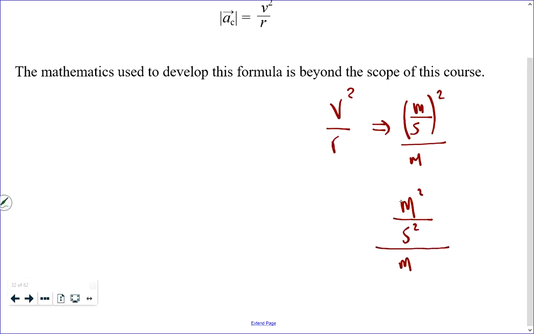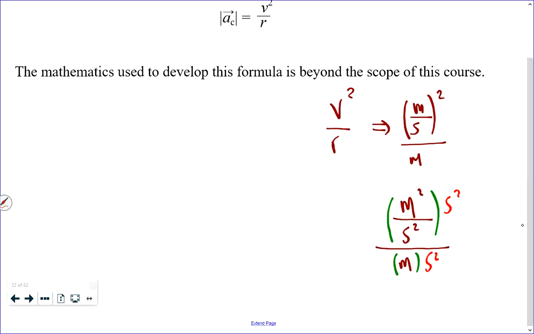The best way to clean this up, and I always do this as a math teacher, not a physics teacher, is to look at it as a mathematical fraction, and multiply the top and the bottom by seconds squared to eliminate this mini denominator of seconds squared.